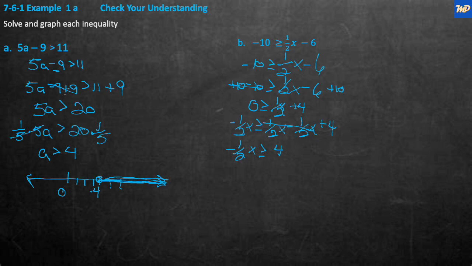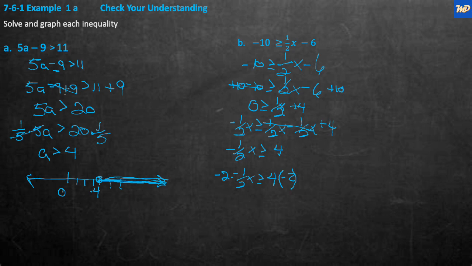So we're going to multiply both sides by -2, the reciprocal of 1/2. So we're going to multiply this side by -2 times -1/2 x is greater than or equal to 4 times -2. Okay? 4 times -2.